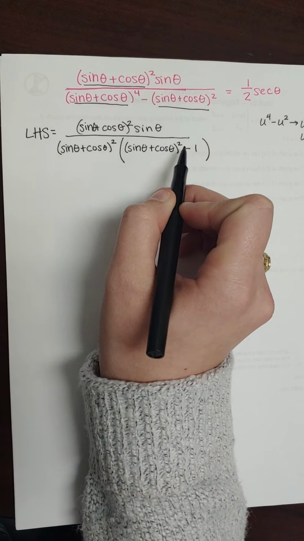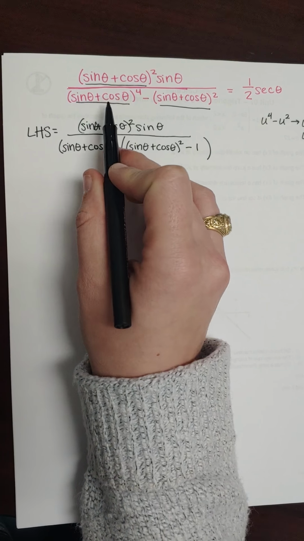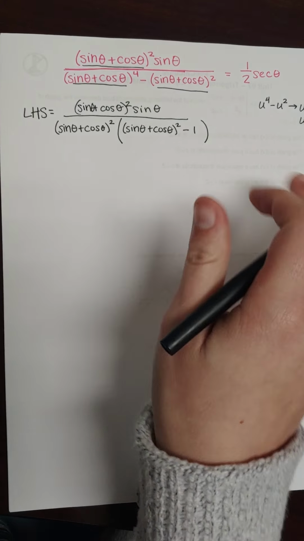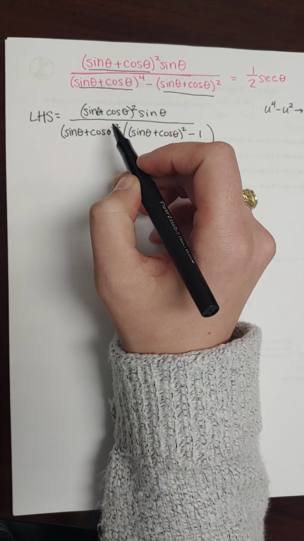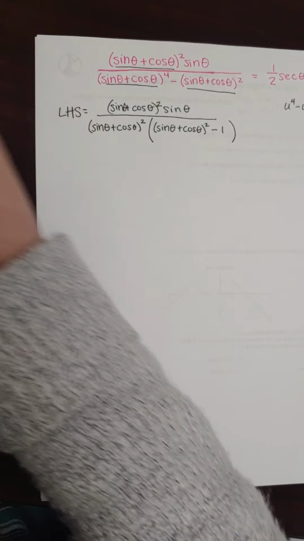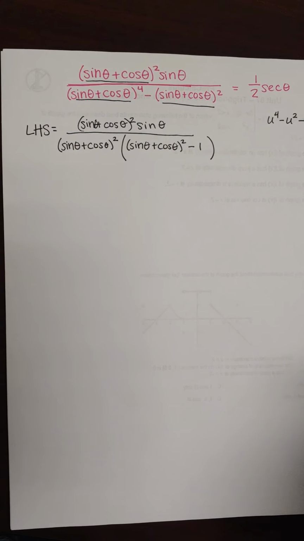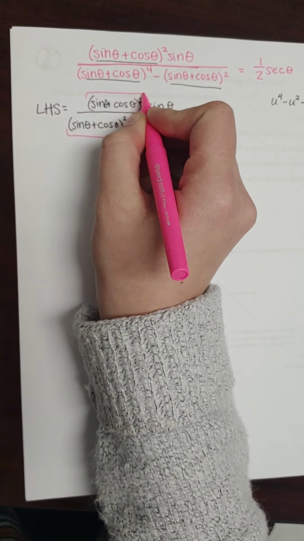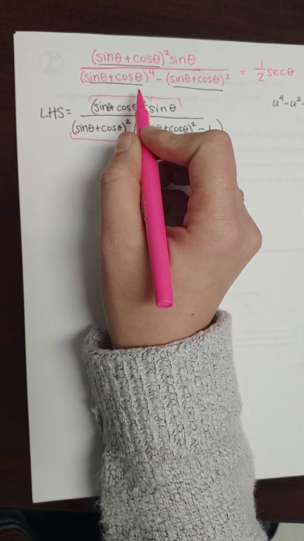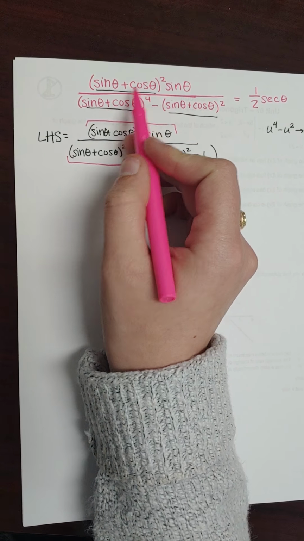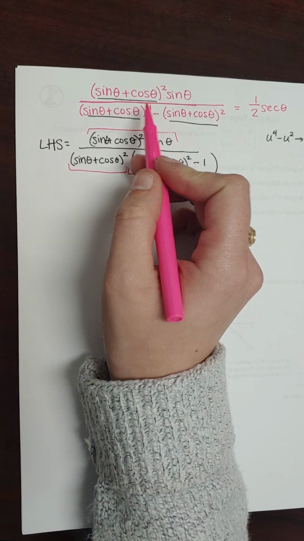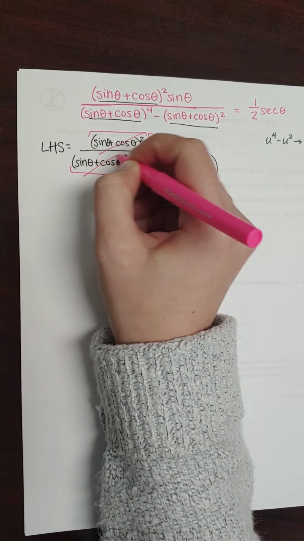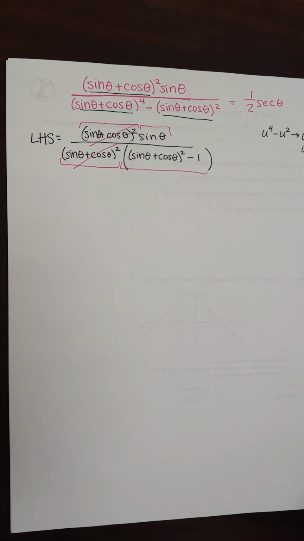Because if I were to redistribute, I would have sine plus cosine to the fourth minus sine plus cosine squared. Now that these two things are multiplying, that's when I'm allowed to cancel. Notice I can't cancel them before because I had this minus sign. But now that these are multiplying, I can cancel that whole sine plus cosine squared.